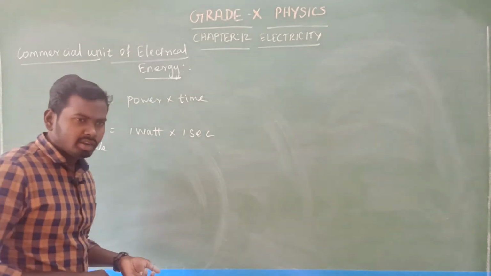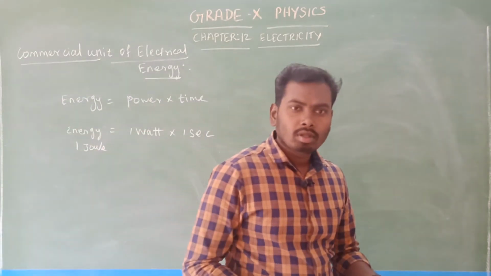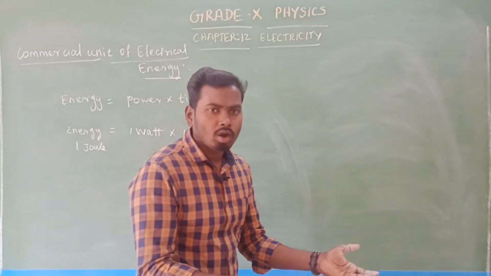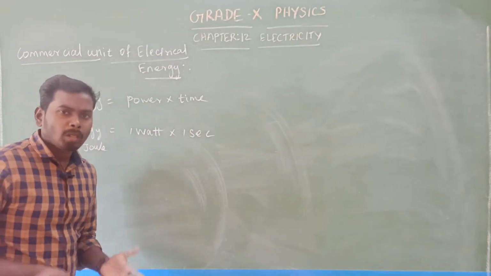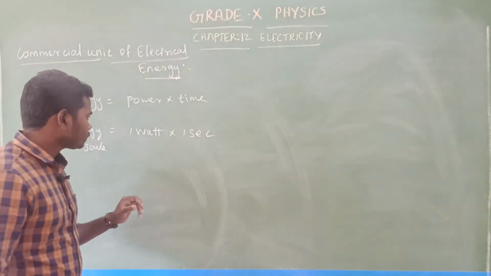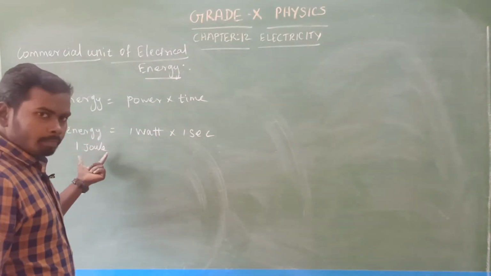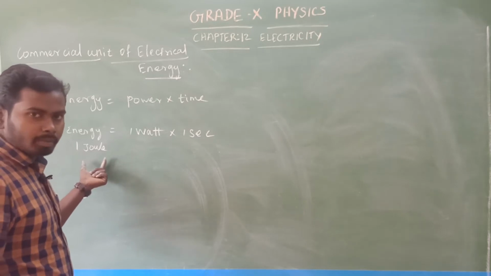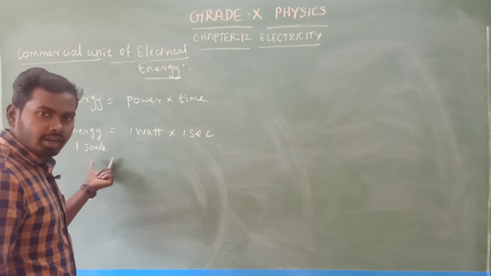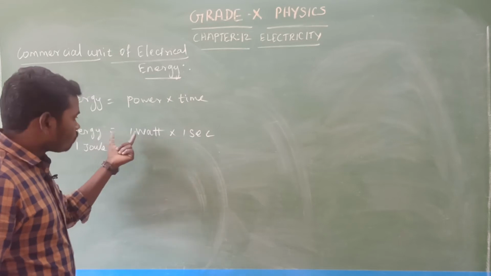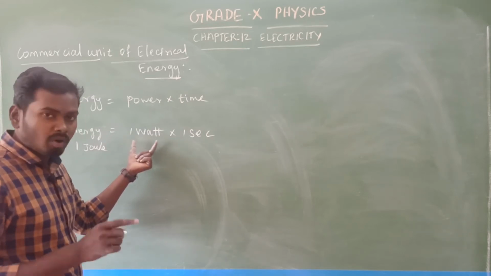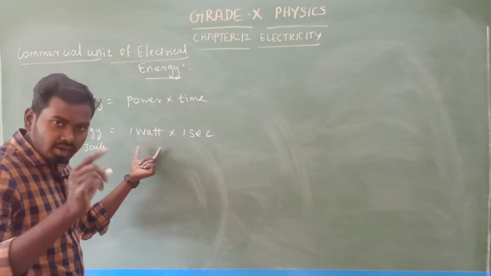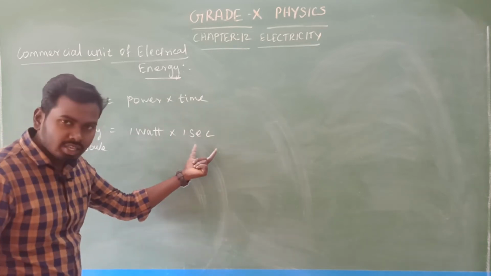Actually, what is it meaning, sir? 1 joule is equal to 1 watt and 1 second. Look at here. 1 joule amount of electrical energy is consumed when the electrical appliance is having the power rating of 1 watt and it is used for 1 second.